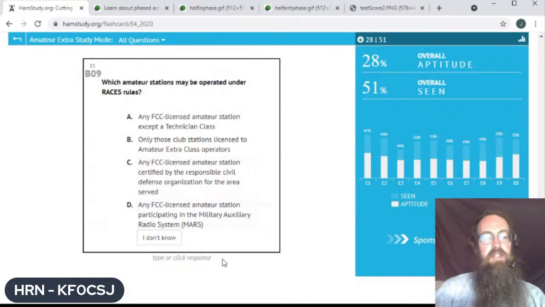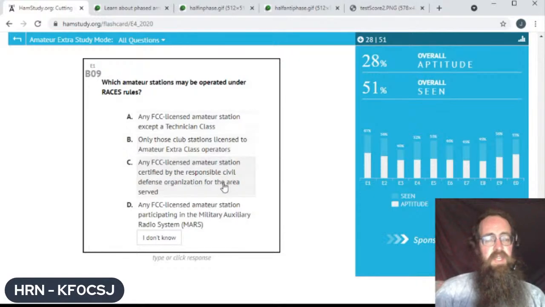Which amateur stations may be operating under RACES rules? A, any FCC licensed station except a technician's class. B, only club stations licensed to amateur extra class operators. I know both of those are incorrect because RACES is not per class or per license.